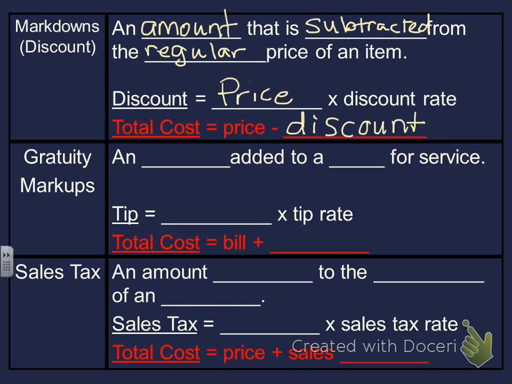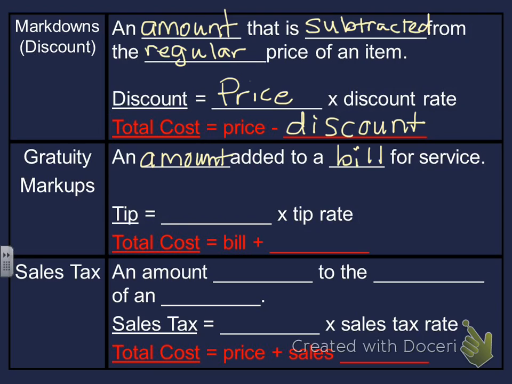A gratuity markup, for example, if you go to the hairdresser and get your hair cut, it is a very good idea to leave the hairdresser a tip. Or if you go out and eat at a restaurant, leaving a tip for the waiter or waitress. A gratuity markup would be an amount added to a bill for service.